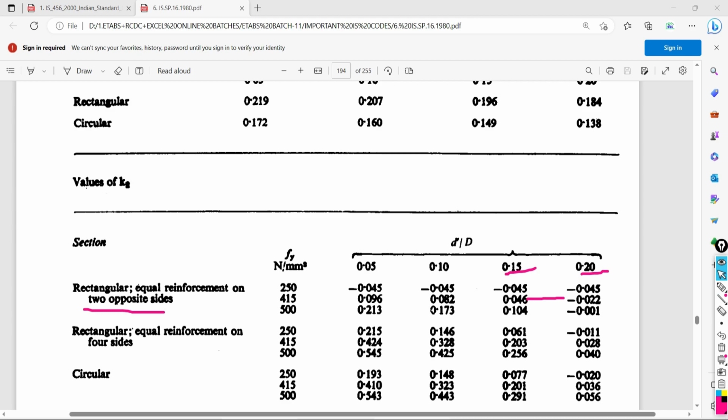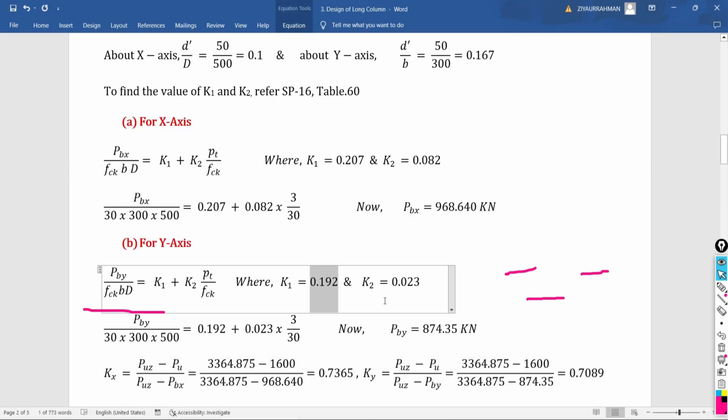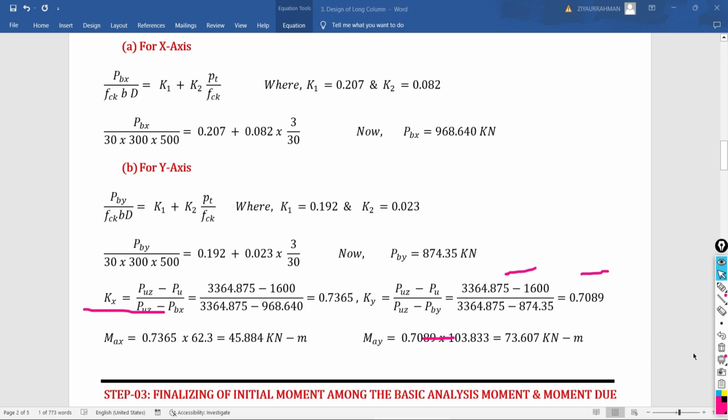After doing the linear interpolation, we are getting the value of K2 as 0.023. If you put these two values K1 and K2 in this equation, we are getting the value of Pby as 874.35 kilonewton.